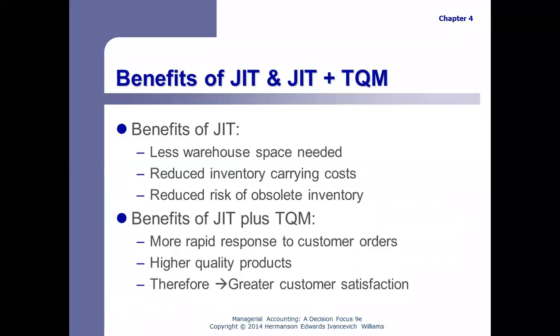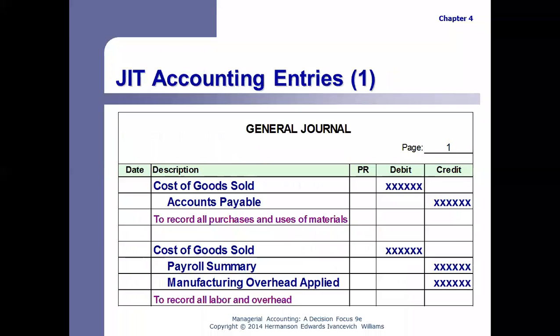Then you're all messed up because you wouldn't be able to produce. So that's the downside of just-in-time: you're relying on suppliers to supply you exactly when you need it, which is sometimes a risk.